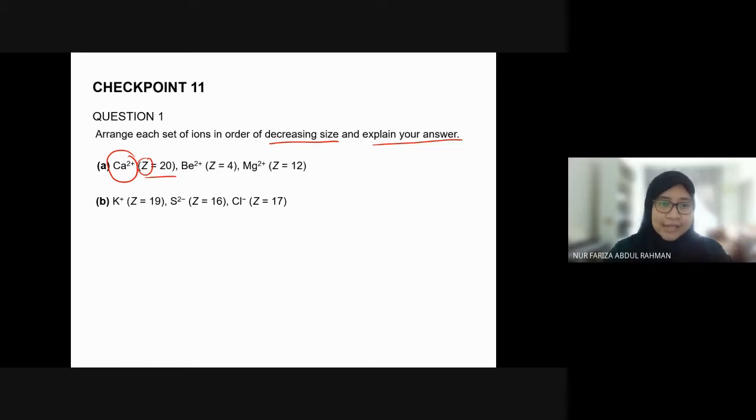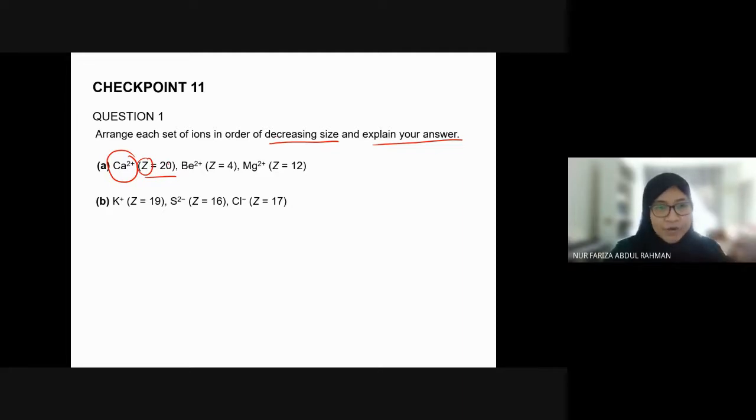In this case it's a cation, so please do not forget to subtract the number of charge. Please remember, this is very basic. When it is a neutral atom, the Z or the proton number is equal to the number of electrons.